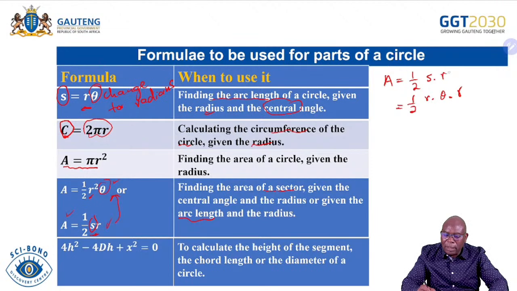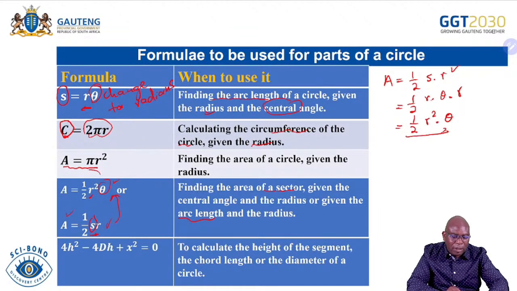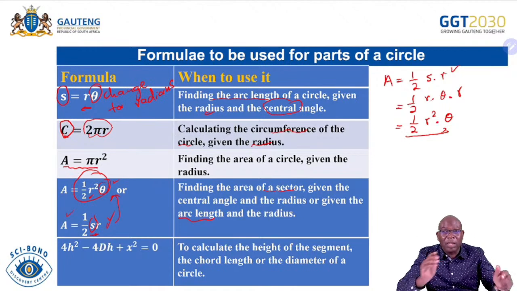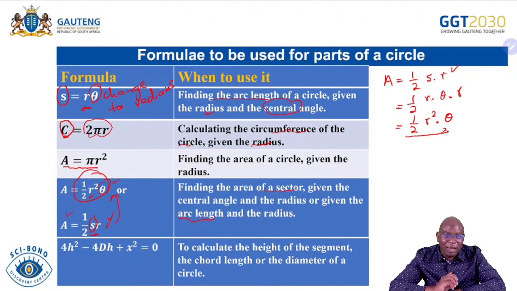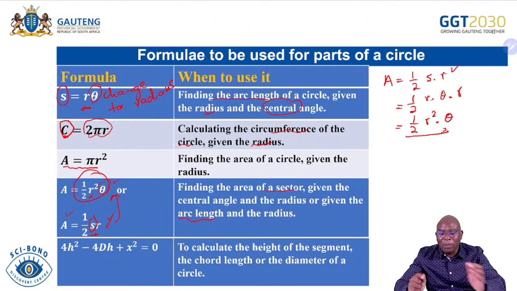Then I'll have half R times R, it's R squared multiplied by theta. So you can see that formula here is nothing else but that. They're the same. We're just replacing the S, which is the arc length, by that, and we get the formula. But this is not for exam. They won't ask you that question in an exam.